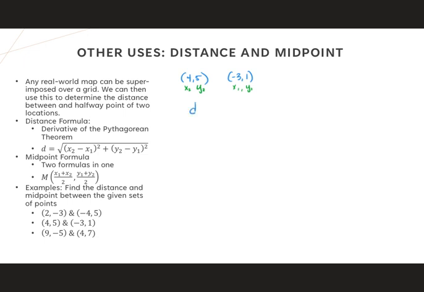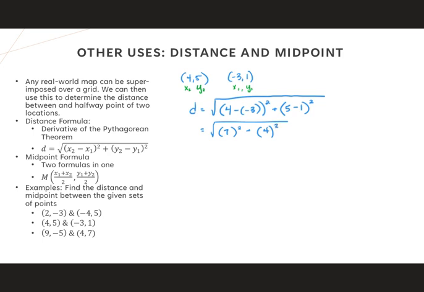So my distance is going to be the square root of x2 minus x1 squared plus y2 minus y1 squared. So 4 minus -3 is +7. 5 minus 1 is +4.